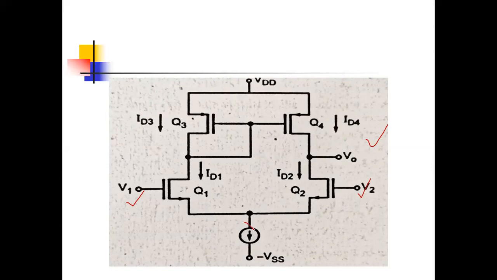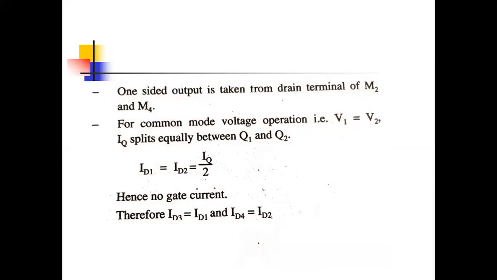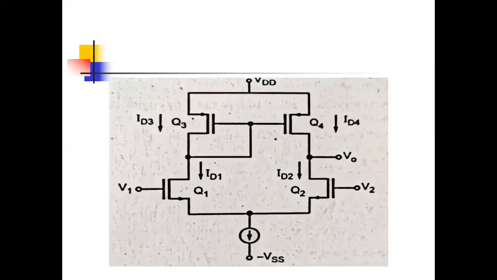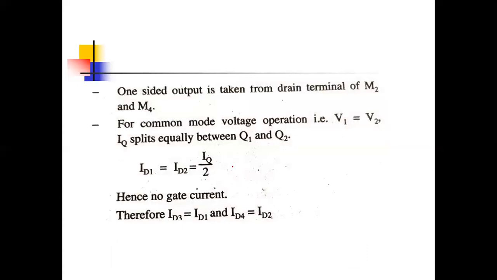The current whatever we are getting here will be half of this current, because both currents are coming here and going down. We are assuming this total current is IQ. This is the sum of ID1 and ID2. So ID1 and ID2 will be IQ by 2. Remember, there is no gate current in any FET.